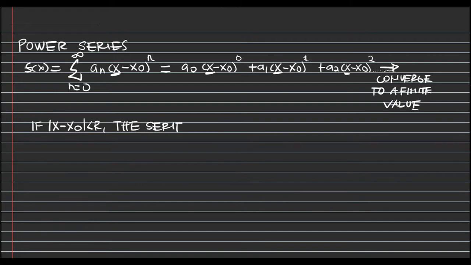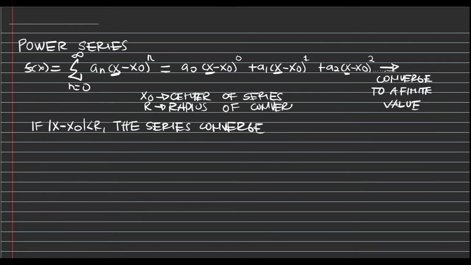Okay? So, by the way, hindi ko pala nasabi kung ano yung x sub 0. X sub 0 here is the center of the series. While yung r, yan yung tinatawag nating radius of convergence. Okay? So, yung center of the series, in other words, yan din yung responsible for shifting the function dun sa Cartesian plane.